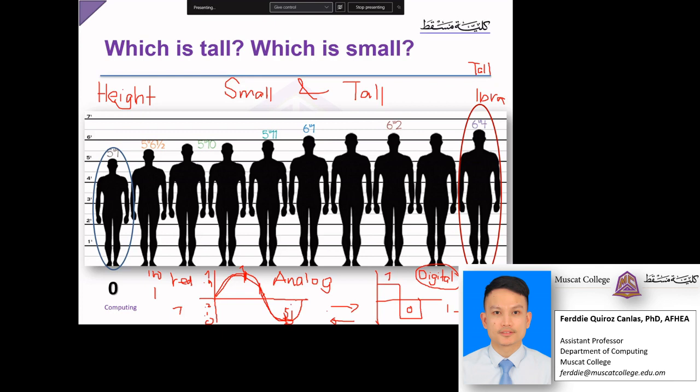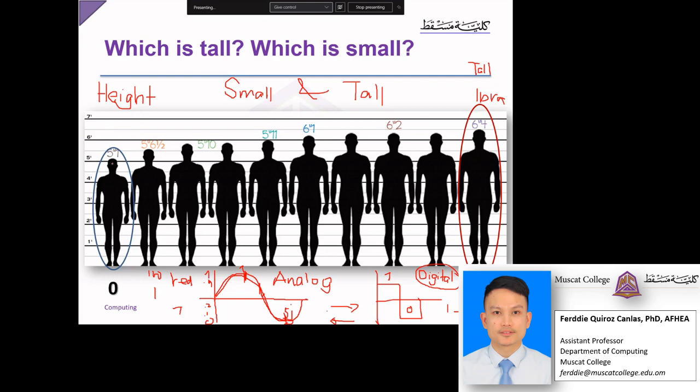So we want to categorize in fuzzy logic. We want to categorize, is 5-10 really 1 or 0, or is 6-1 really 1 or 0? We want to remove the fuzziness or the confusion between two values. So basically we know this one is 1 and this one is 0. There is no debate on this.